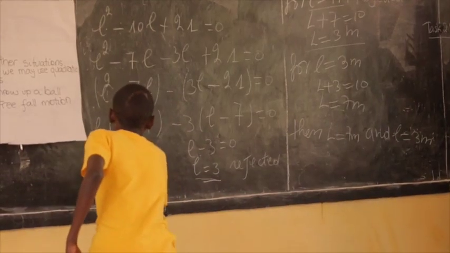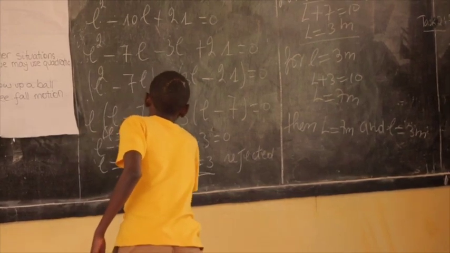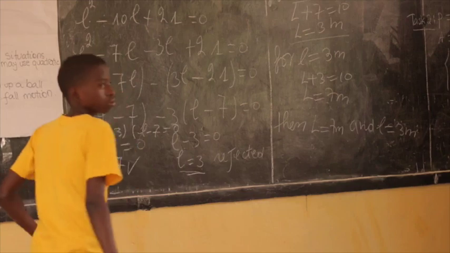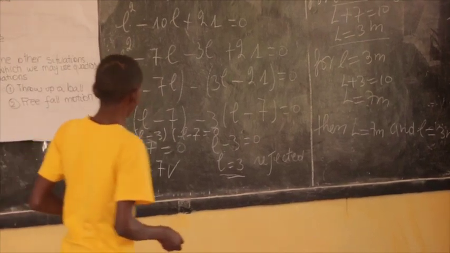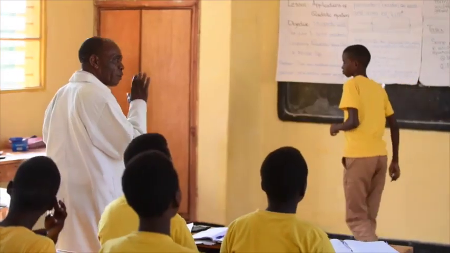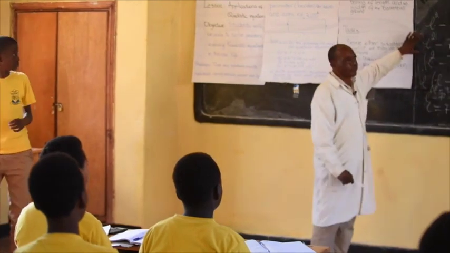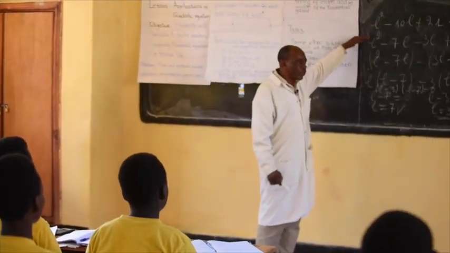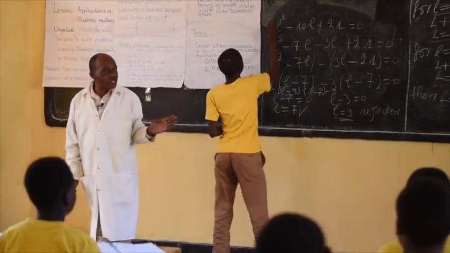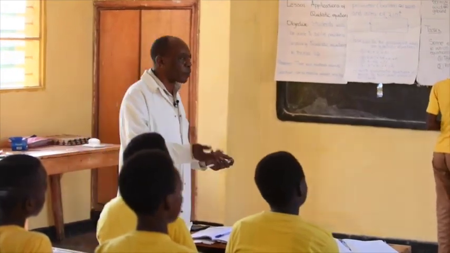So we have to go L minus 3 and L minus 7, which is equal to 0. Okay, so you must put this step. But here you have also forgotten something. Those equations, how are they? They are equivalent. And like this, we have solved our problem.